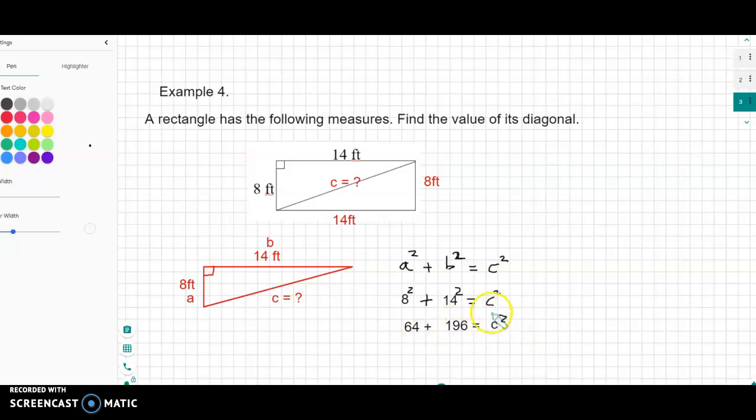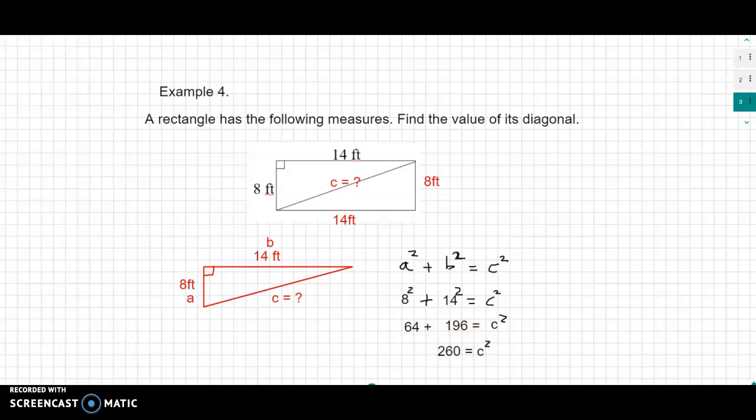Before getting the square root, which will be the final step, we can add these terms. We do the addition: 64 plus 196 is 260. So 260 equals C squared. Now that we have a single number here, we can take the square root.